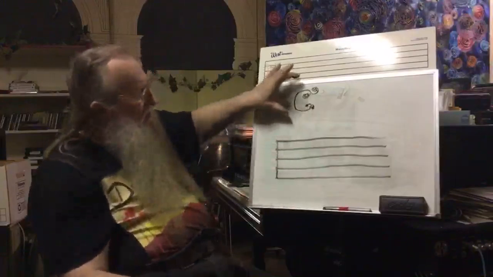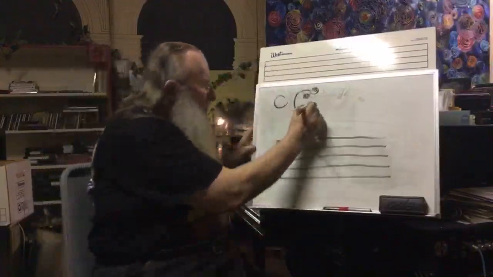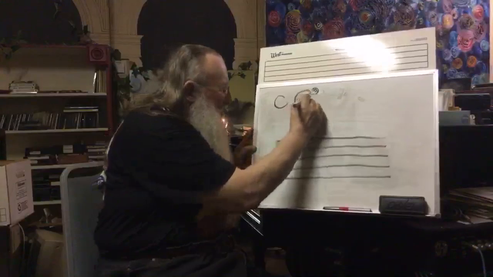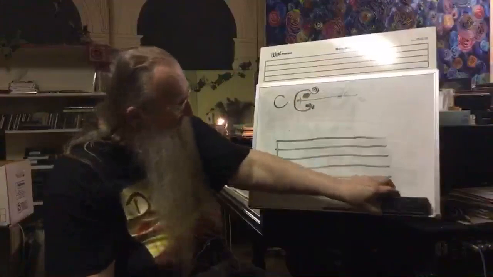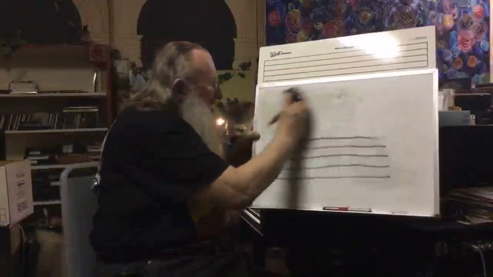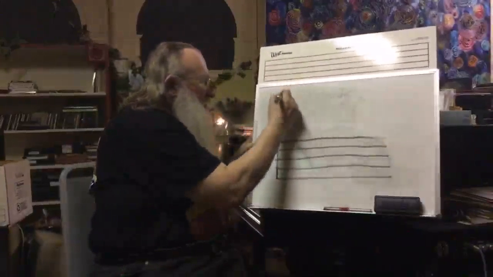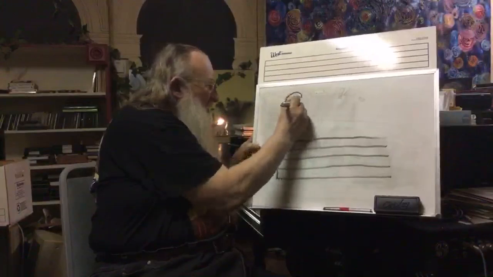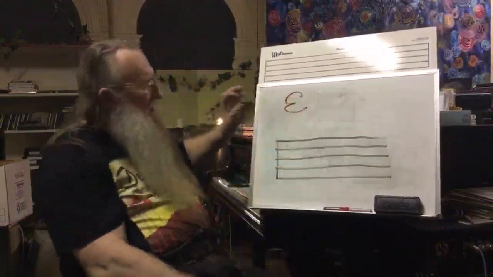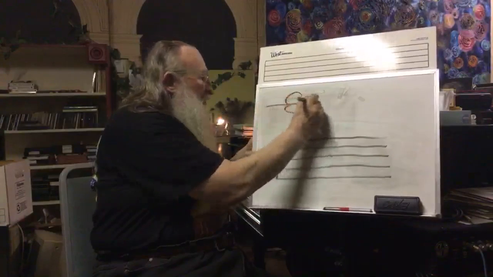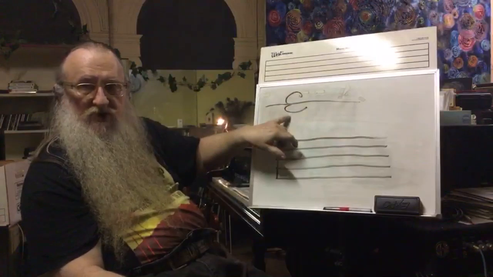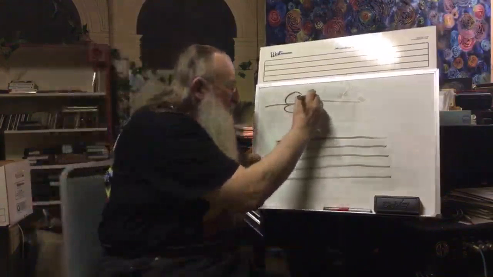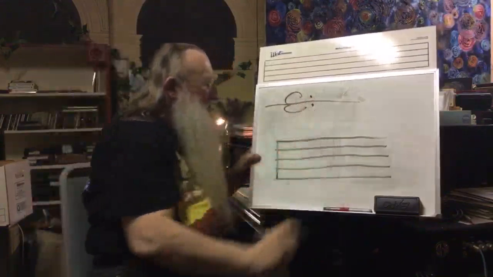And the problem was, it used to pinch in, these little dots here would pinch in and show you where the line was at, but that became unclear, and the next development for the C clef was people did this, and what happened is they went, oh, right there, and people went, well, that looks like an E.